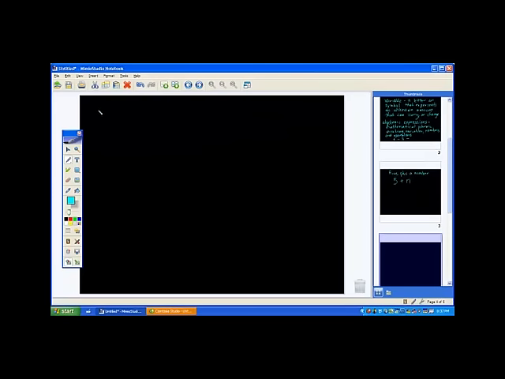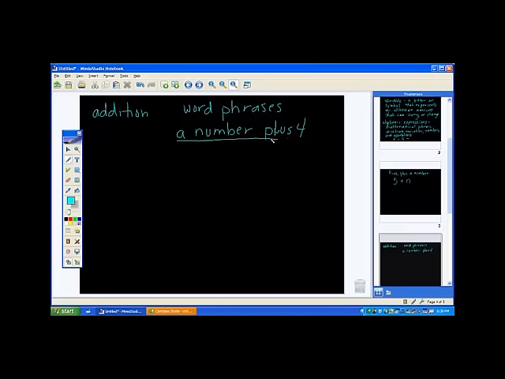Operation of addition. Some things you might see in the word phrases. You might see a number plus 4. And just to remind you, this could be any number, okay? So a number plus 4, so this would be probably your key part, a number plus. That lets you know you're doing addition.